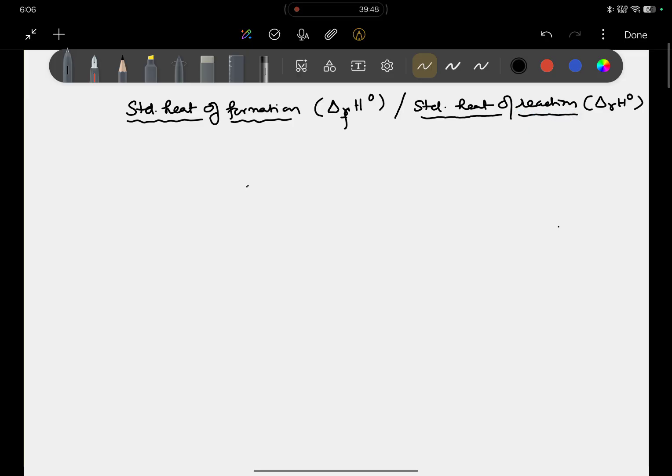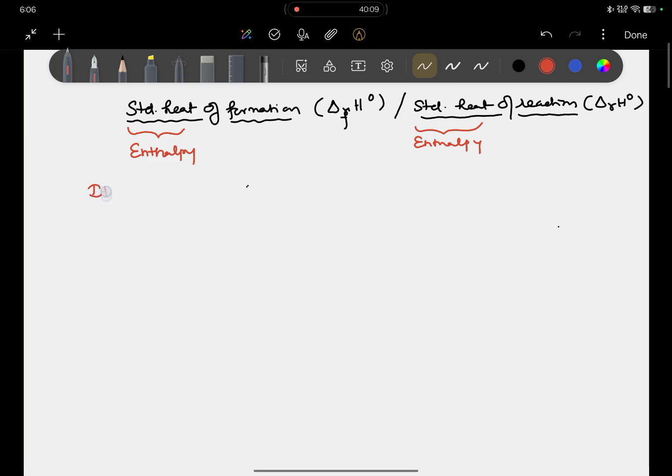In place of standard heat you can also use the word enthalpy. So enthalpy of reaction or enthalpy of formation is what we are going to see.